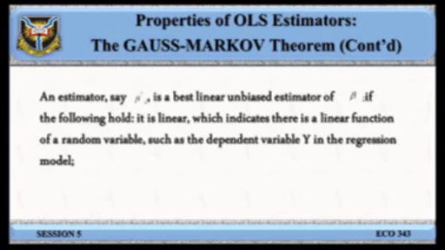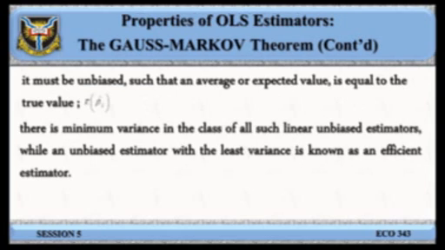1. It is linear, which indicates there is a linear function of a random variable, such as the dependent variable y, in the regression model. 2. It must be unbiased, such that an average or expected value E(beta 2 estimator) is equal to the true value beta 2. 3.